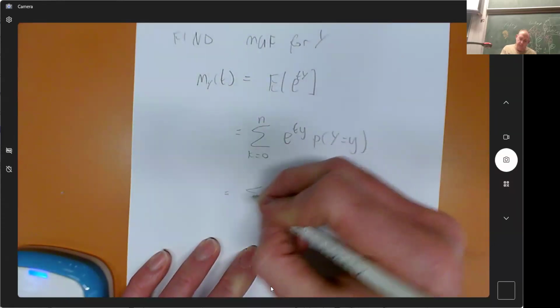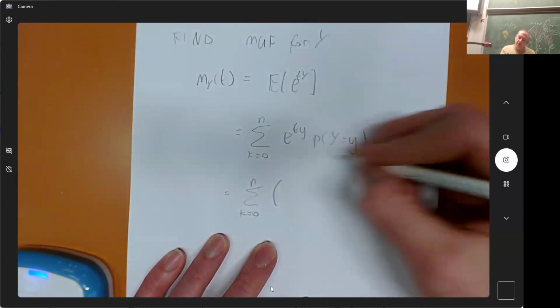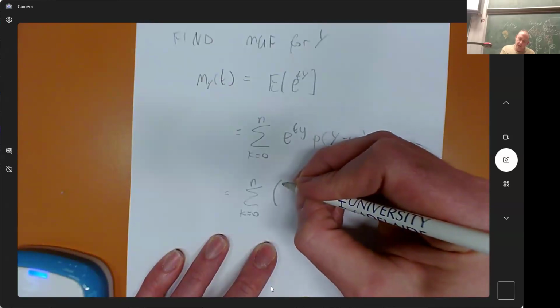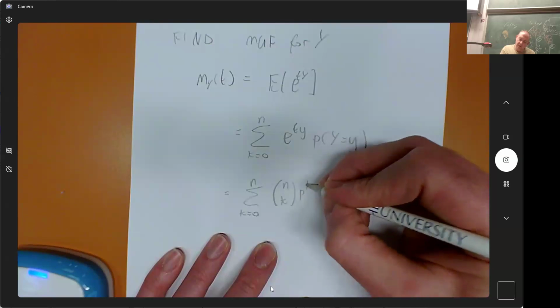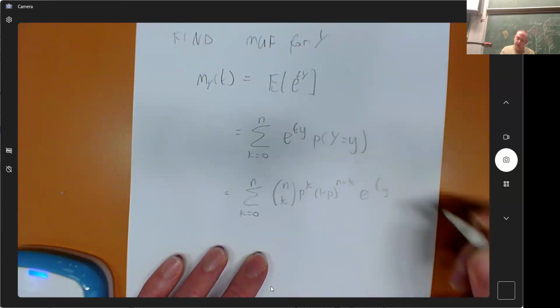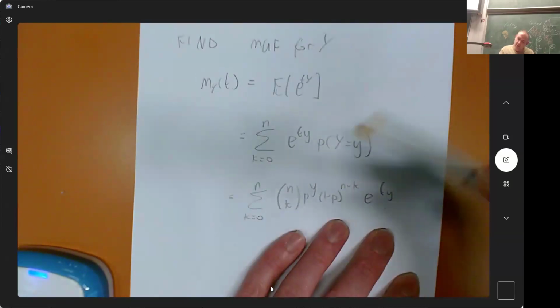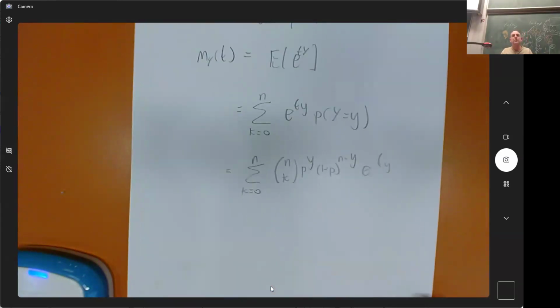And for our thing, the probability that y equals y is n choose k, p to the k, 1 minus p to the n minus k. P to the y, 1 minus p to the n minus y. That's the probability mass function of a binomial distribution.